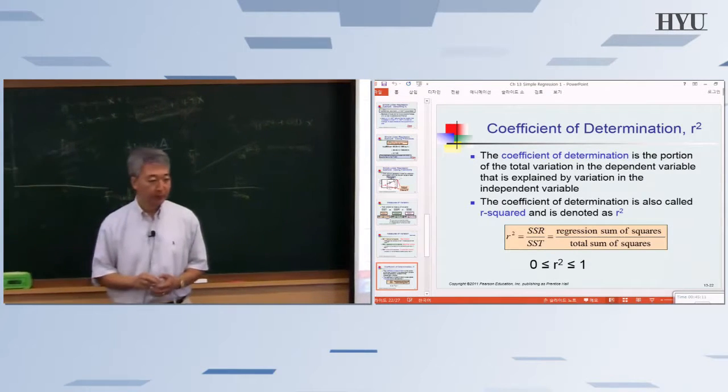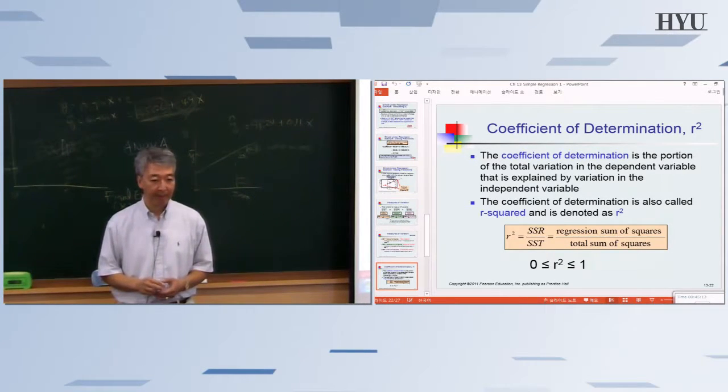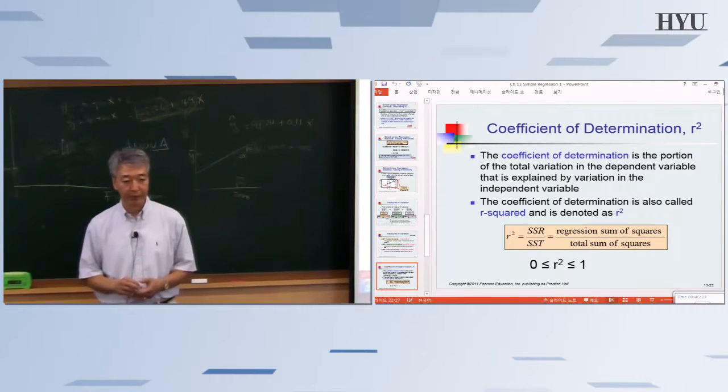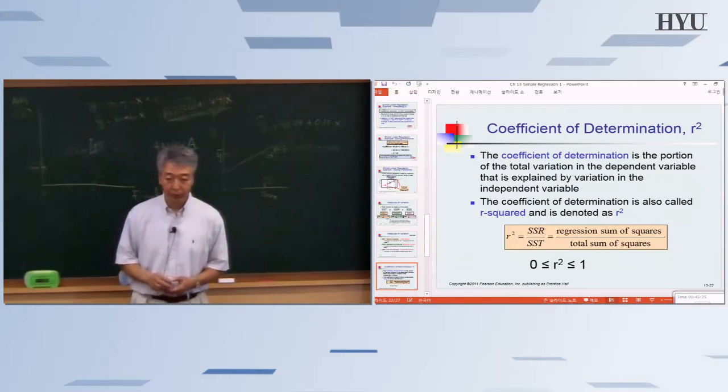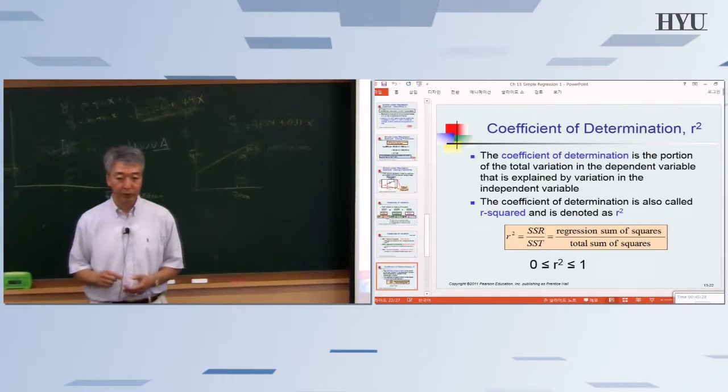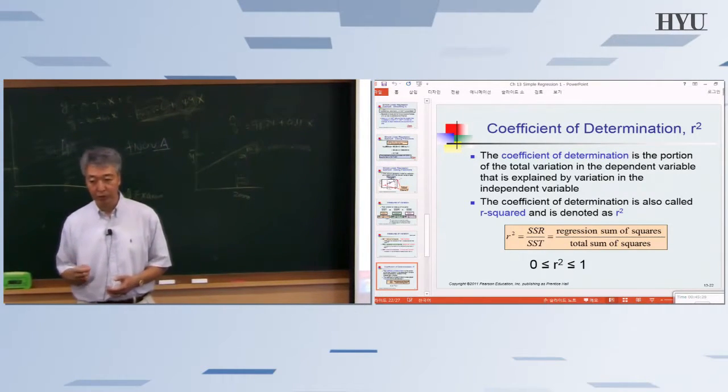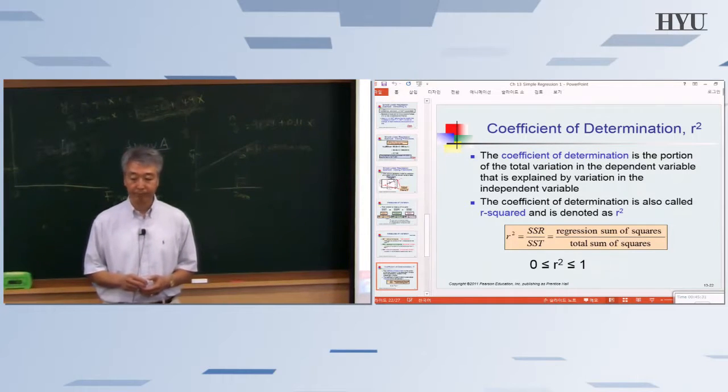First is just the sign of R, whether it's positive or negative, which tells us the direction of the relationship between the two variables, whether they are positively or negatively related.